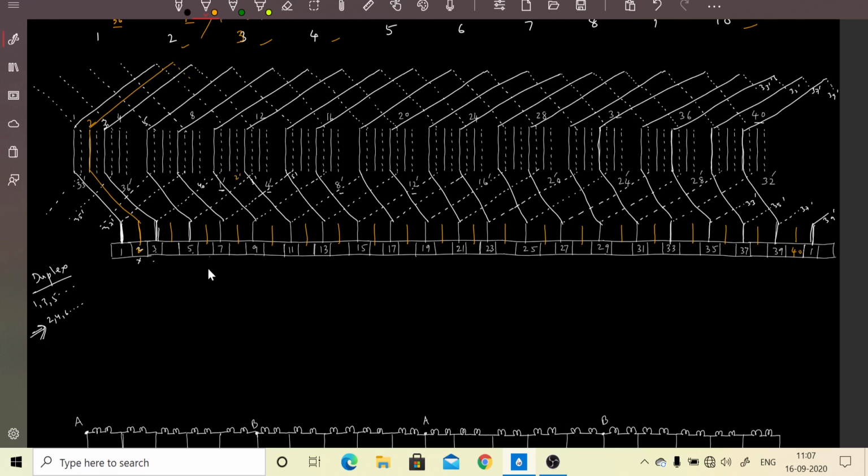This is 2 dash, and now this will be connected to segment 4. So this is the first coil. Now the second coil again starts at 4: the upper coil side 4 is connected to segment 4, and then it will be connected to 4 dash, then this 4 dash will be connected to 6.